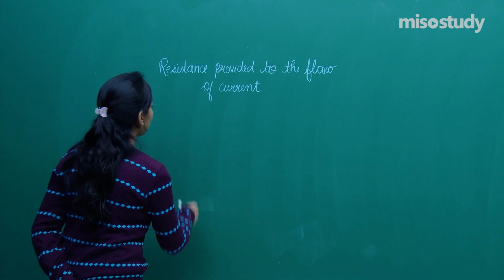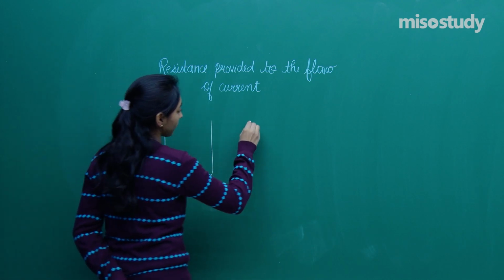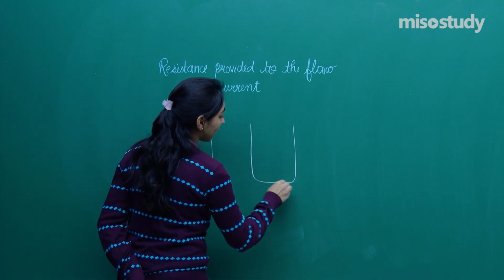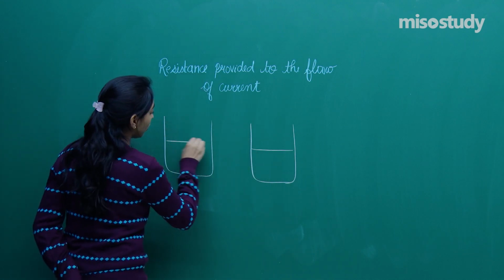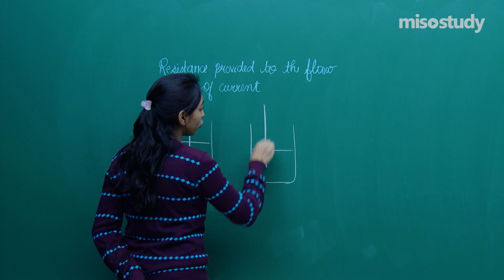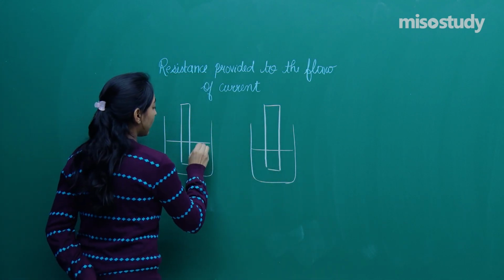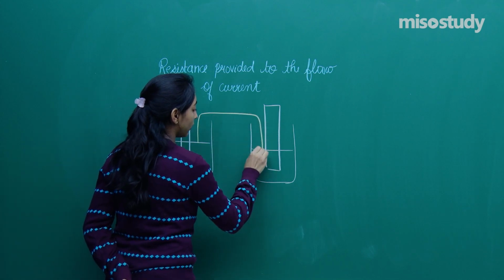So if I am saying that these are the two containers in which some electrolytic solution is kept, you are immersing two different electrodes in the containers and you are keeping a salt bridge.